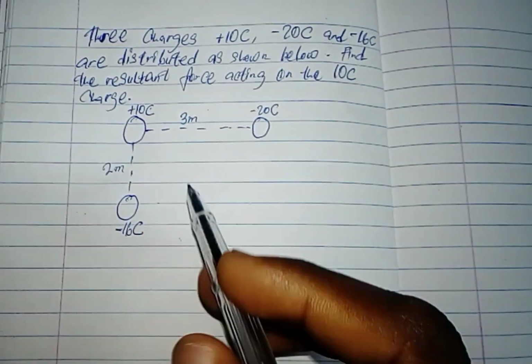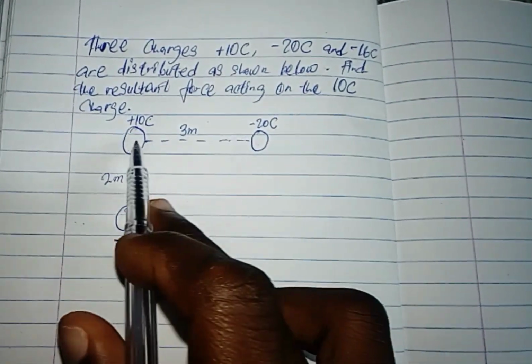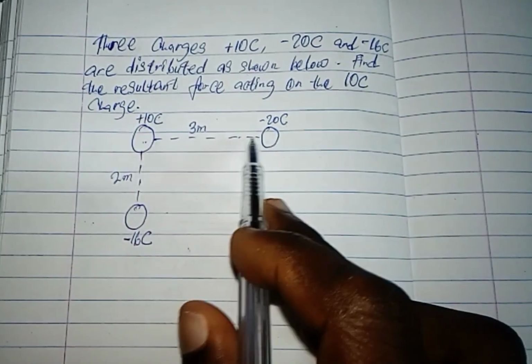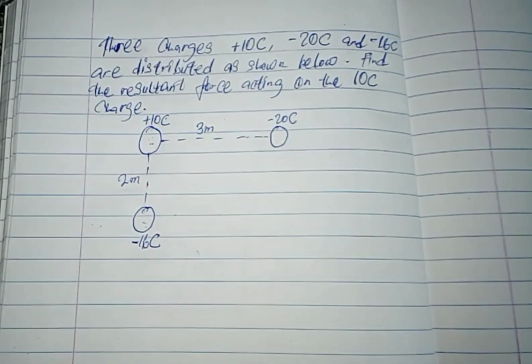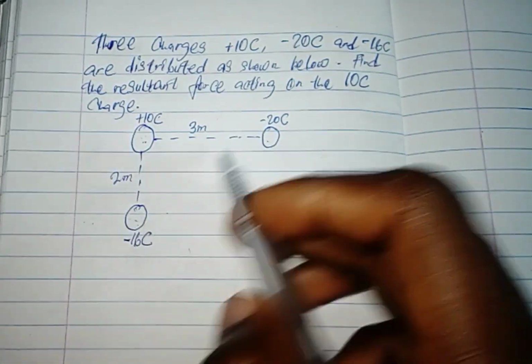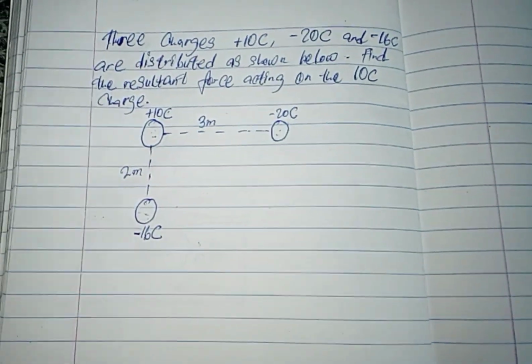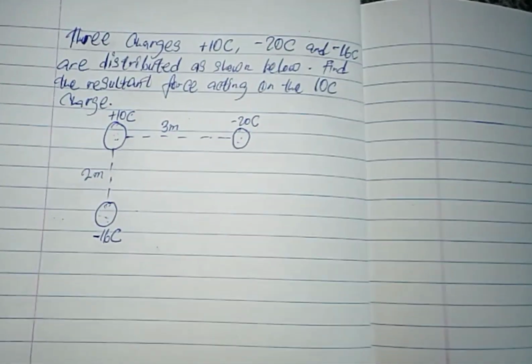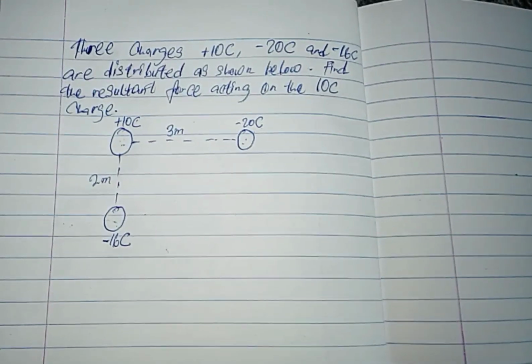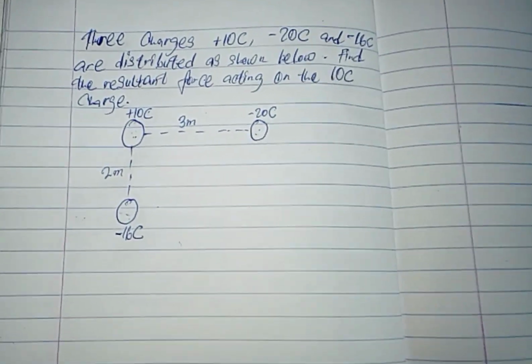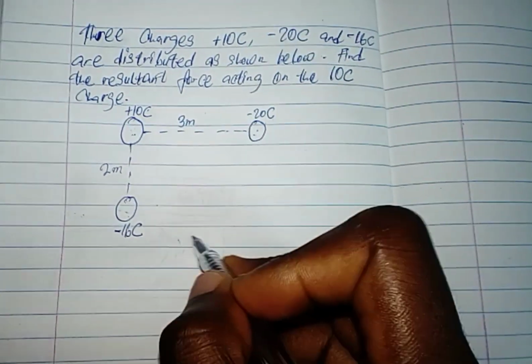So the force between these two charges is a force of attraction, and also the force between these two bodies is a force of attraction. Unlike the force between these two bodies, it is a force of repulsion because they are of the same charge, a negative charge. But that is by the side. We should find the resultant force acting on the 10 coulomb charge. Let us solve.